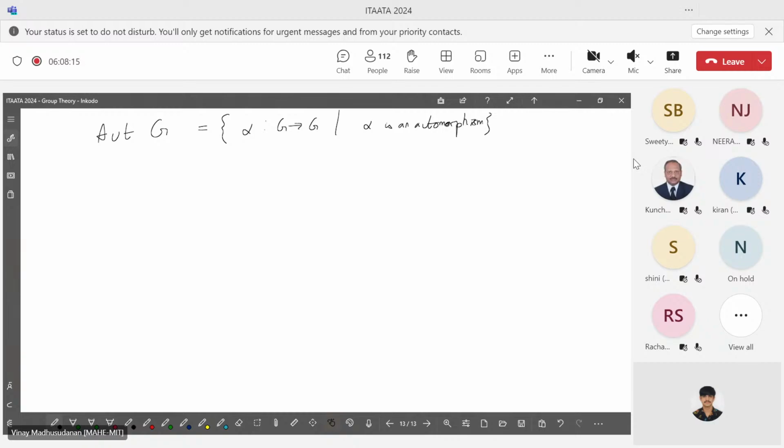In the notes, you can refer to the notes during this for definitions and any theorems which are required.